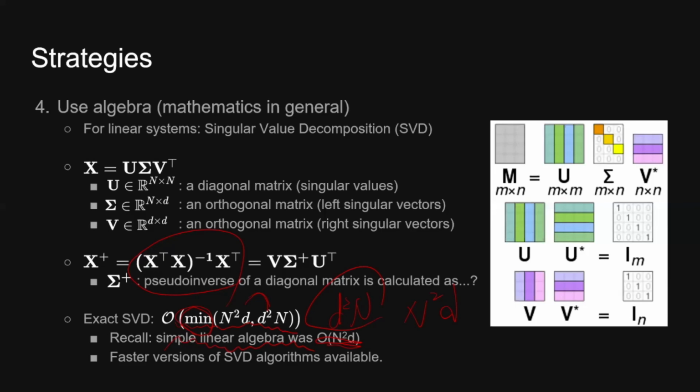And of course, there are more advanced SVD algorithms that are much faster than exact SVD, with complexity even lower than d squared n. That's one idea of applying mathematical principles to make the computation more efficient.